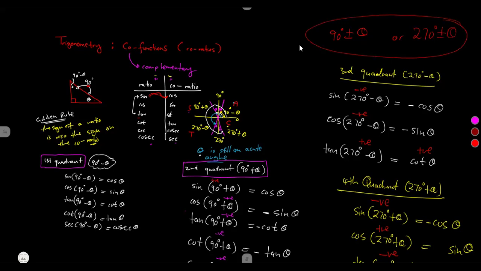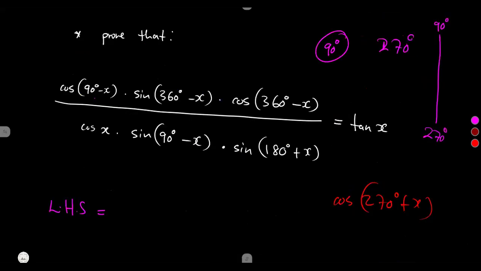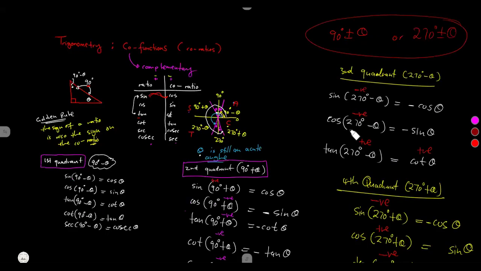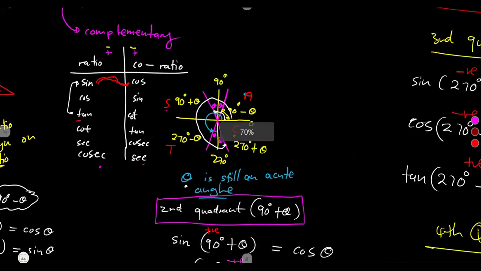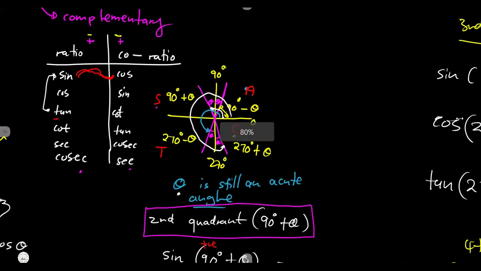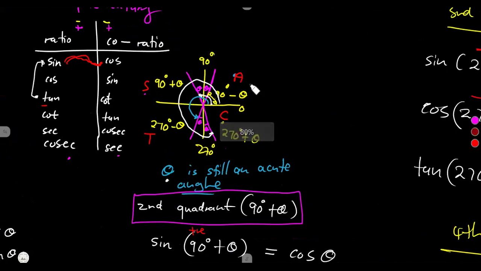All right. So anyway, guys, I'm not going to waste much time there. Let us quickly check what we are given. According to this, cos of 90 degrees minus x, where does it lie? It is in the first quadrant. We saw that 90 degrees minus theta is the first quadrant according to our co-function. So we talked about this, guys.